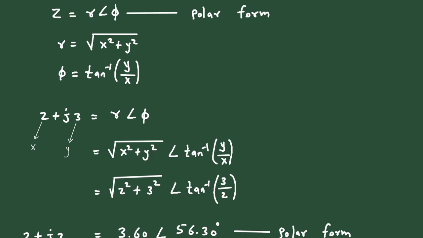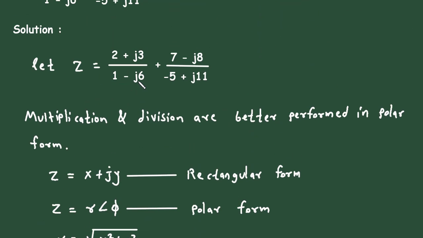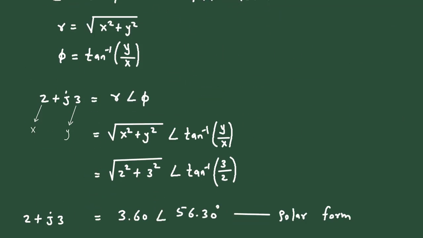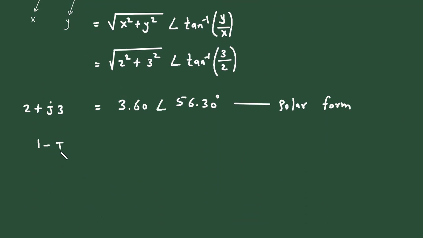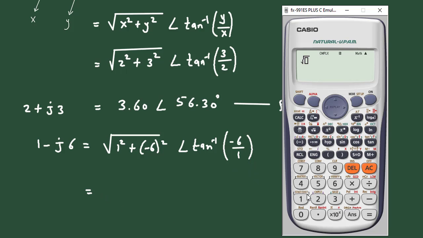Now next is 1 minus j6. So 1 minus j6 is equal to under root of 1 square plus minus 6 square at an angle tan inverse of minus 6 by 1. So this will be under root of 1 square plus minus 6 square.